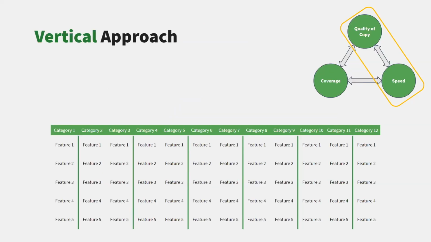There are several ways to create content for a complex portfolio of products. The first I want to show you today is what we call the vertical approach. It's pretty much the classical approach to creating copy for products. You pick a category, the first category of all the products that you have, and then you text for the first feature in there.